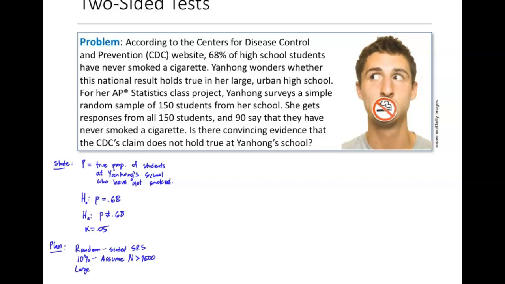And large counts is going to be 150 times 0.68, which is 102, that's greater than 10. And then 150 times 0.32, which is 48, also greater than 10.